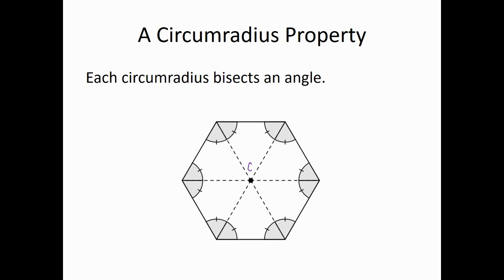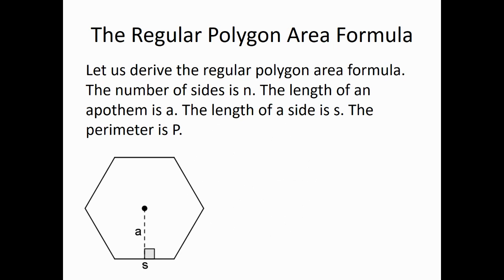And I say to you that each circumradius bisects an angle, as is shown in the diagram. And once again, if one had to prove that this were the case, one would construct triangles, which of course you see here. One would prove them congruent, and then it would follow by CPCTC that we had angles equal, and so on.